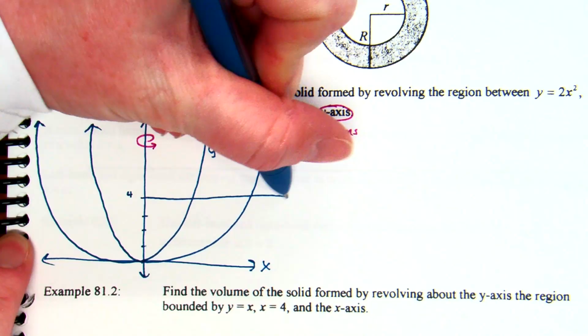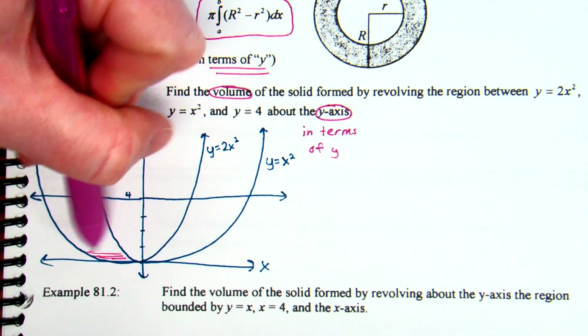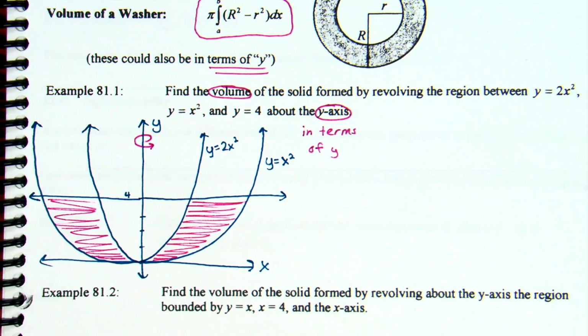So it's the solid formed by these three pieces. Can you visualize that? What is it that's rotating? The piece that is between the two parabolas and below the horizontal line of 4.